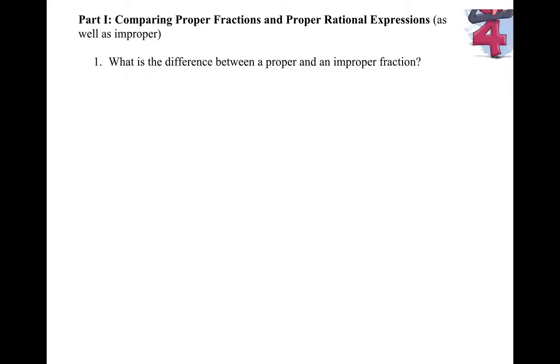The first thing that we're going to talk about is the difference between a proper and an improper fraction. So if you recall, if I have a fraction that is proper, and we're talking about rational numbers here and not rational expressions, that means that the numerator, remember that's the top, is less than the denominator.